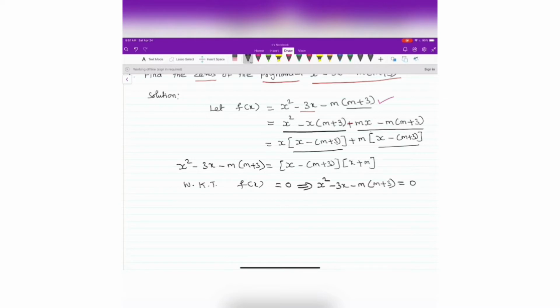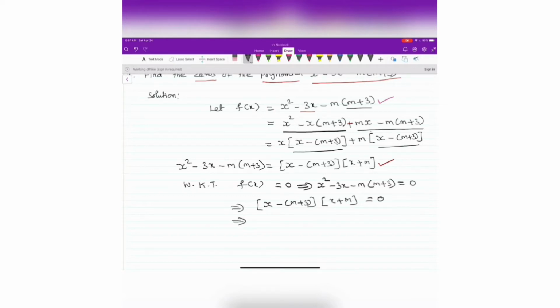But just now we got this quadratic polynomial as x minus of m plus 3 into x plus m. So, I can write over here, this implies x minus of m plus 3 into x plus m should be equal to 0.